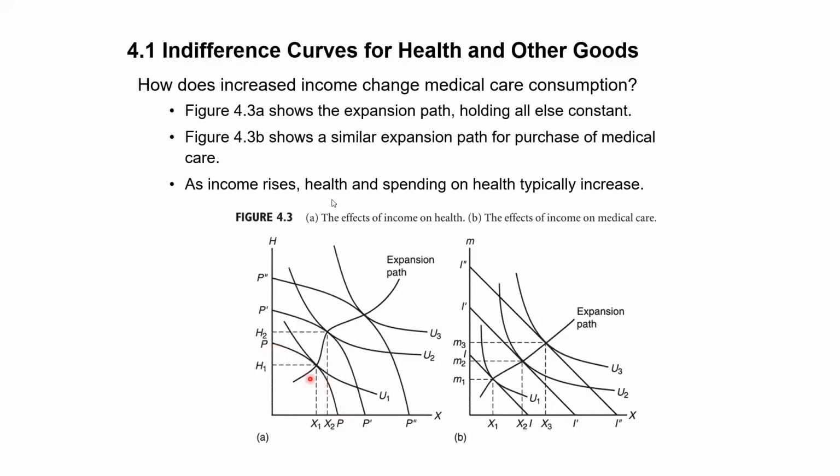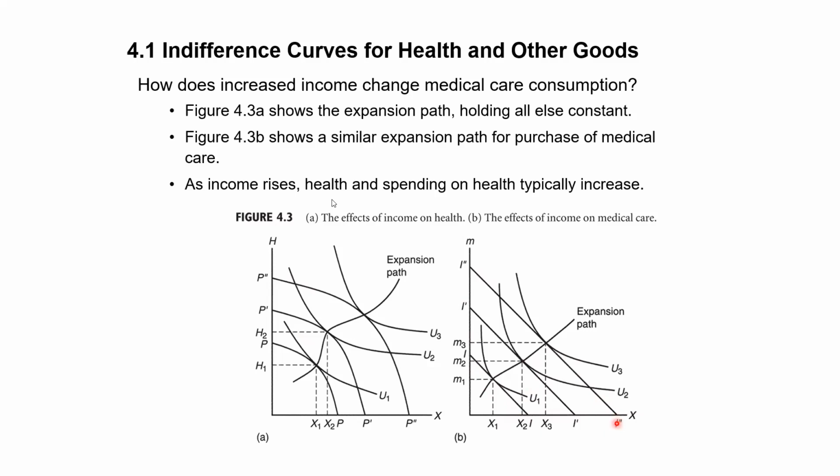So you have P, P, and then at this income level, you will have P prime, P prime, and then you have another production possibility here that shifts outwards, which reflects the increase in income here on figure 4.3b, where you have increases in income from this line to this line and up to this line.